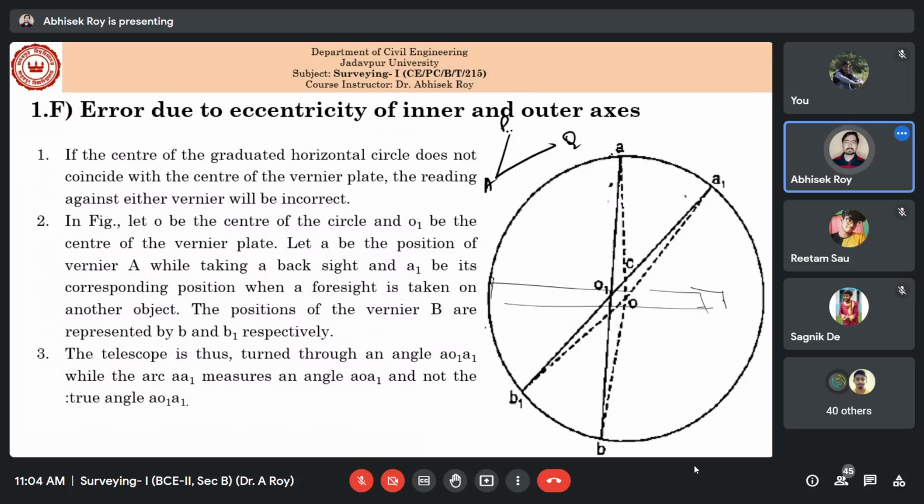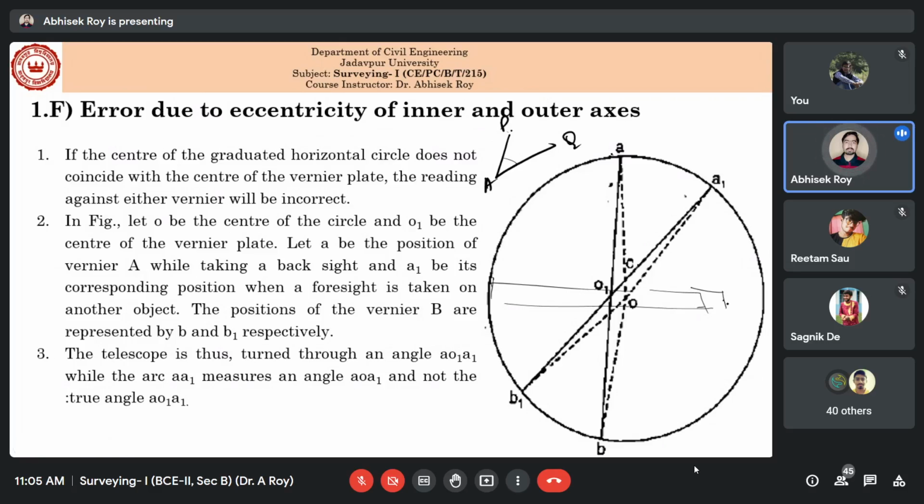So what you will do, you will first bisect this P, and then you will open the upper main screw and you will move your instrument, or specifically your telescope, so that the vernier scale will move, and ultimately you will bisect Q and this angle will be measured.